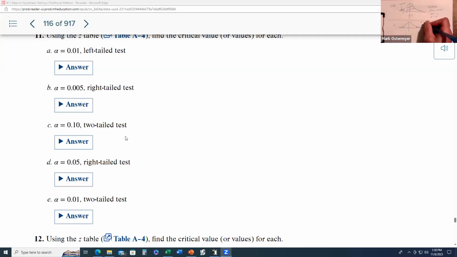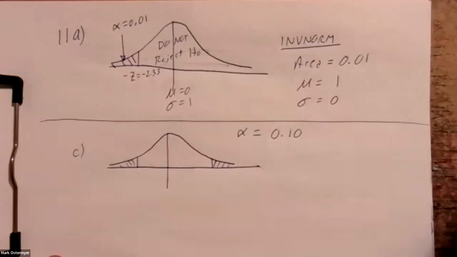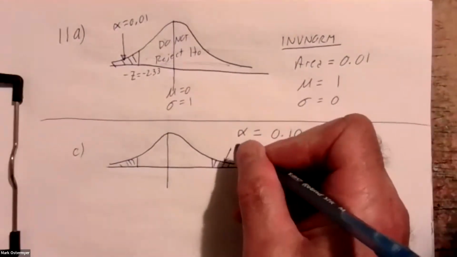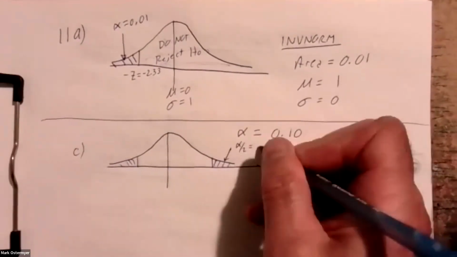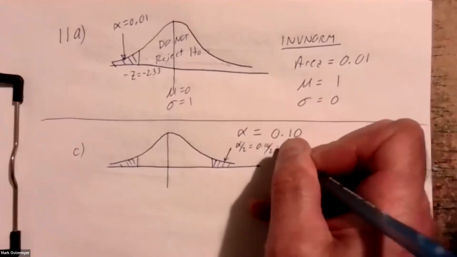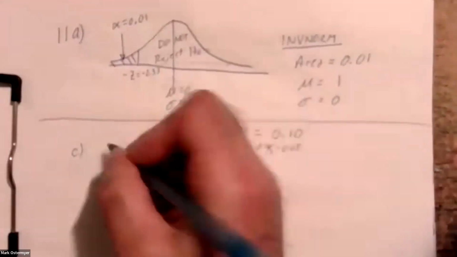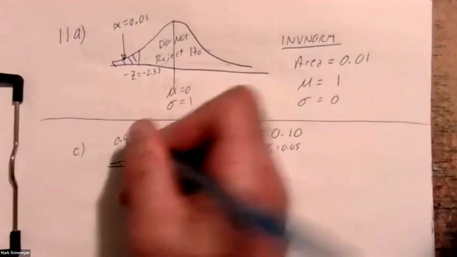And since alpha was set at 10%, the size of these rejection regions is going to be alpha divided by 2, which is 10% divided by 2, which is 5%. And that's also going to be the size of this lower tail rejection, 5%.